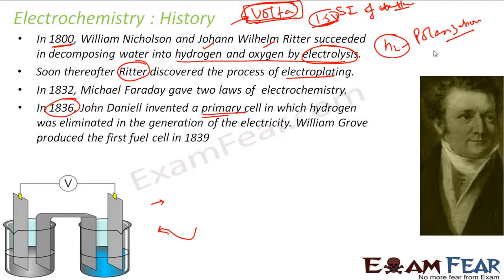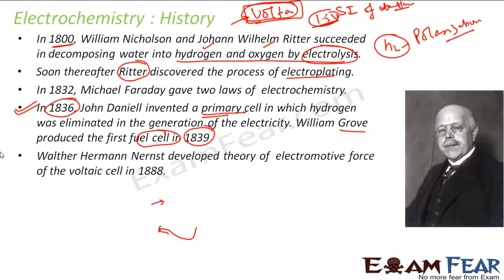Because of the polarization of the battery, it doesn't work after some time. So it had very less efficiency. So he eliminated this hydrogen gas in his setup. We'll explain this Daniel cell also. And then we have William Grove. He produced the first fuel cell in 1839. So that's all we have for the history.